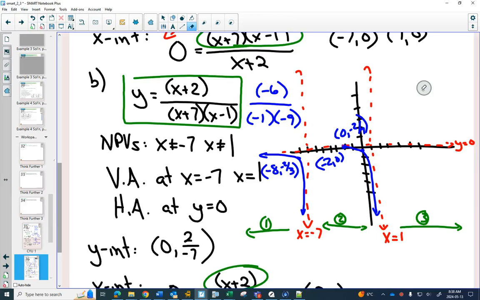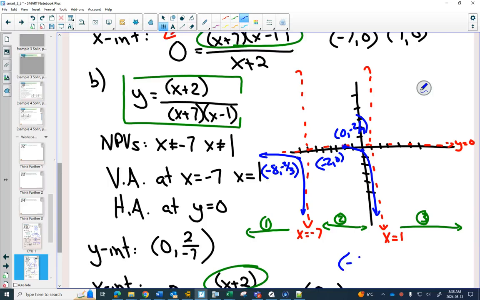In section 2, I technically didn't have enough to decide what happens on the other side of -2. Does it bounce off that x-intercept, which could be a possibility, or does it go straight through? I don't know. So I'm going to find another point in this section. And I could plug in anything to the left of -2 up to -7.